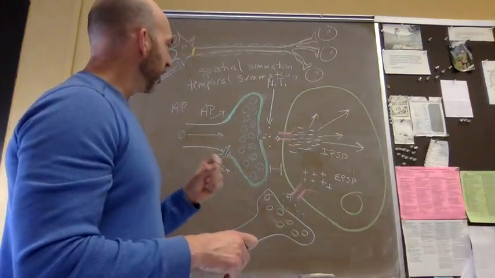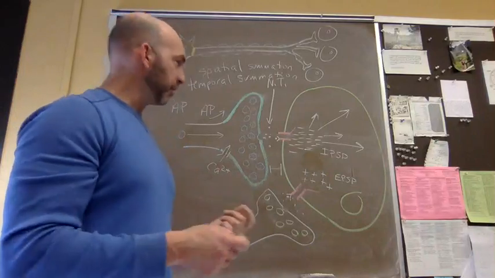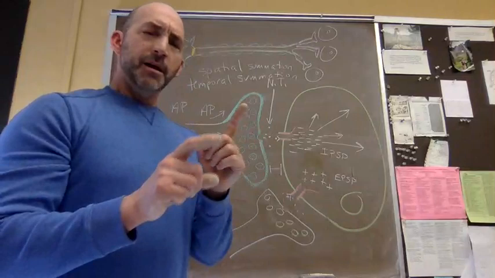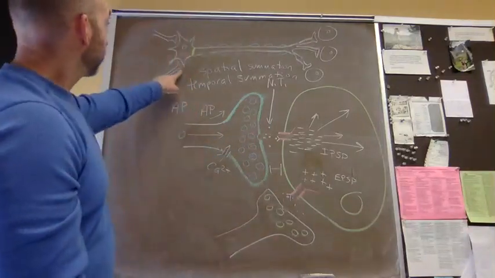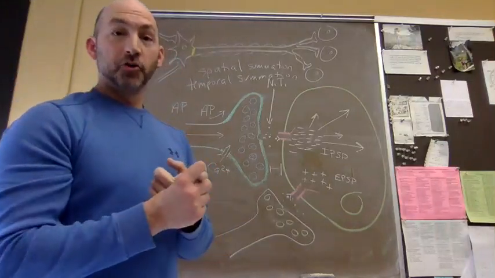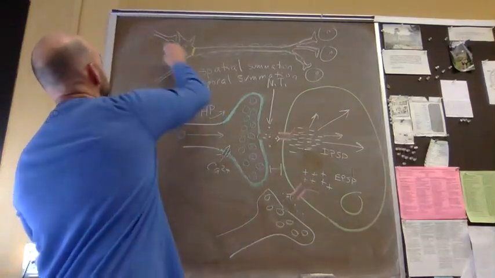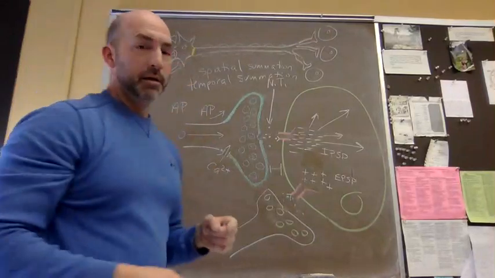Okay, one other version of synapse I wanted to talk about, because so far we've talked about when it's neuron to neuron, axodendritic synapses, like this guy, axon to dendrite. We could talk about axosomal synapses, which really aren't much different, but they're on the soma, like so, instead of on a dendrite.